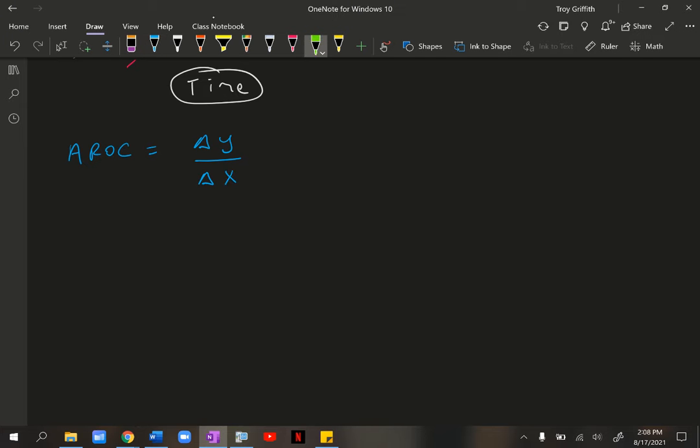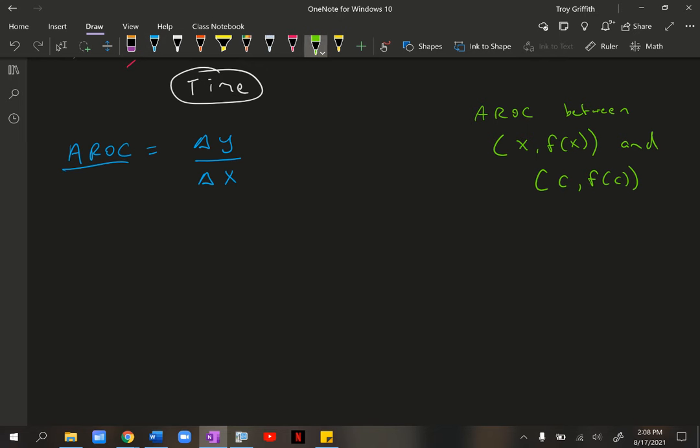So let me give you a scenario. Let's say I wanted you to find the average rate of change between the point x, f of x, and c, f of c. When I find an average rate of change, all I'm doing is finding a slope.